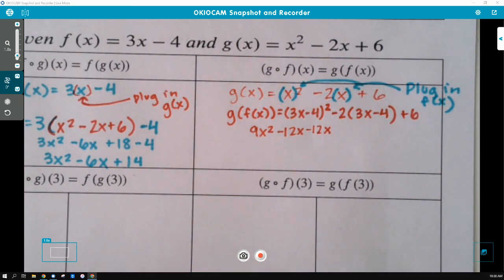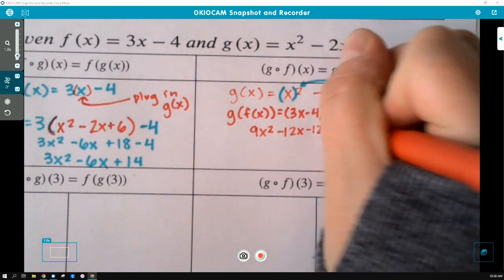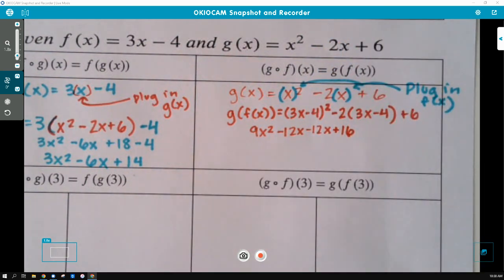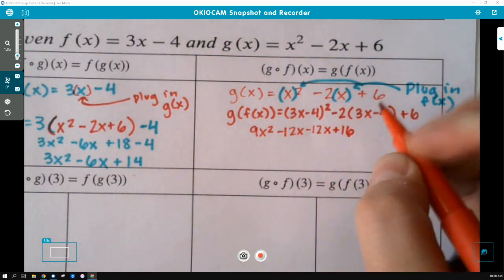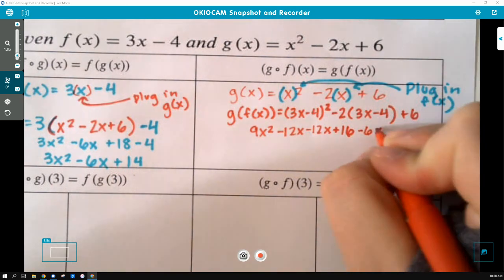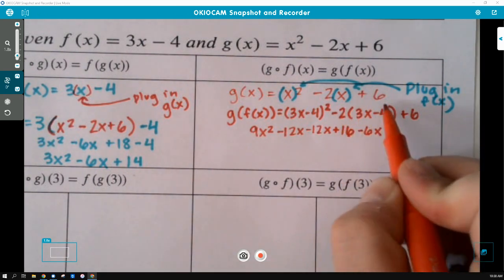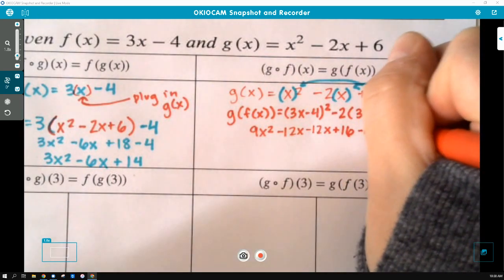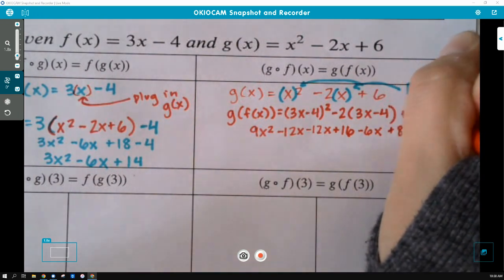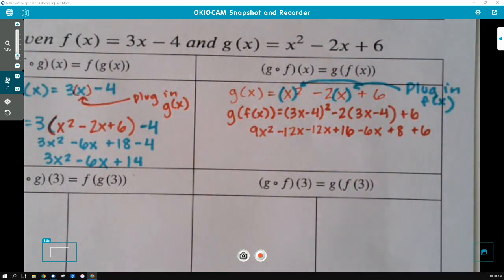And then negative 4 times negative 4 would be 16. So that's just me foiling out that 3x minus 4. Negative 2 times 3x is negative 6x. Negative 2 times negative 4 is positive 8. And then I still have my plus 6 down on the end here.